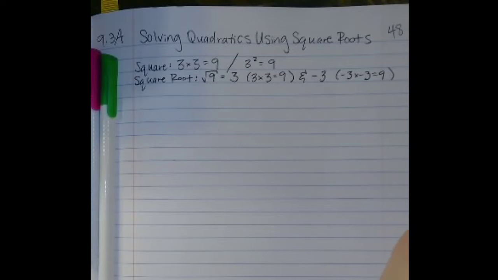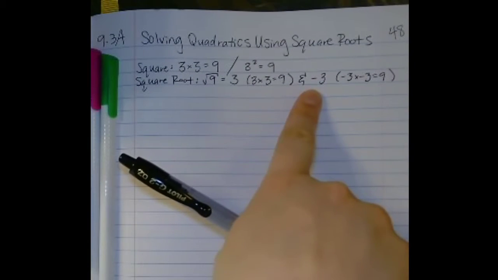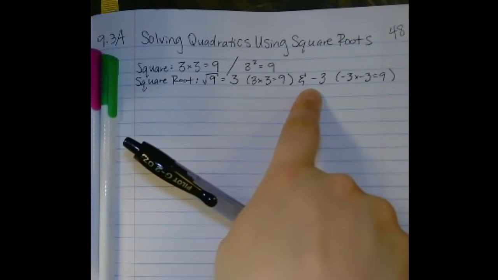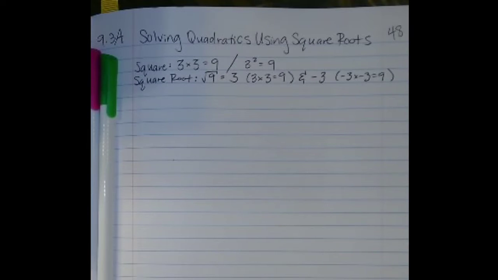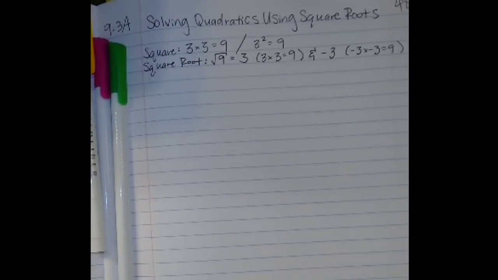Okay, so there's two answers here. There's both positive 3 and negative 3. So square roots are the opposites of squareds. Square roots undo squareds. Kind of like multiplication undoes division, and addition undoes subtraction, and all the rest. Square roots and squareds are opposites.